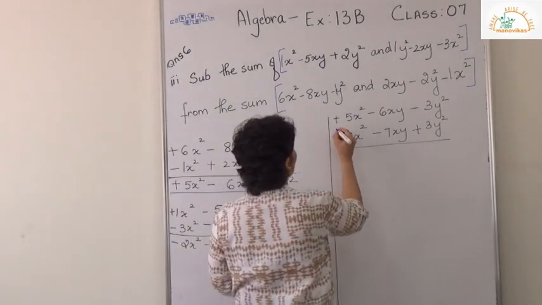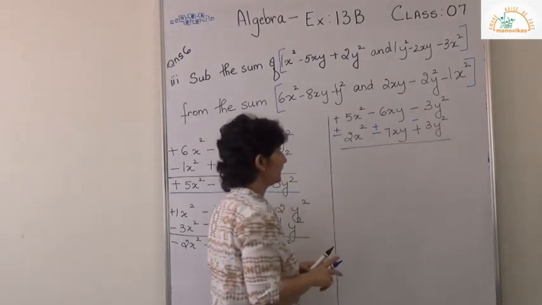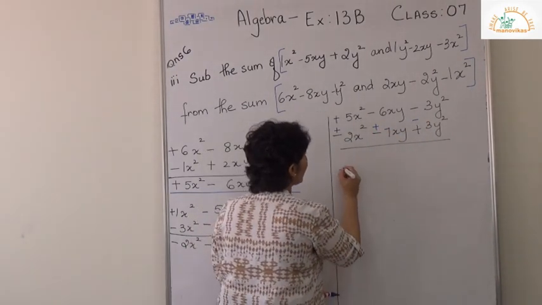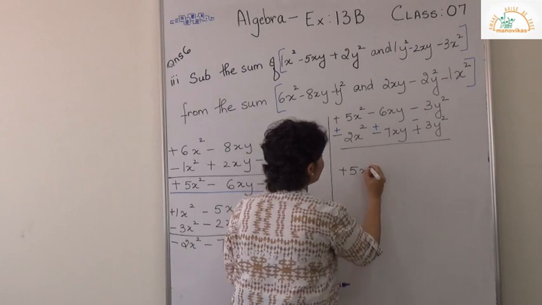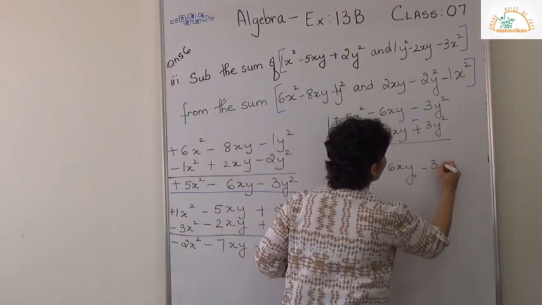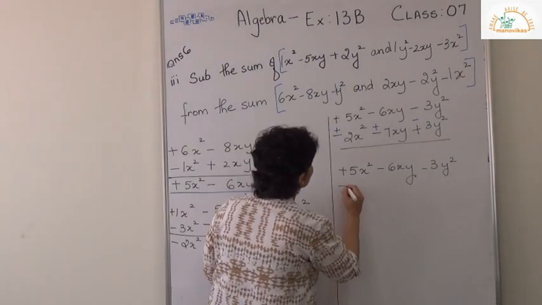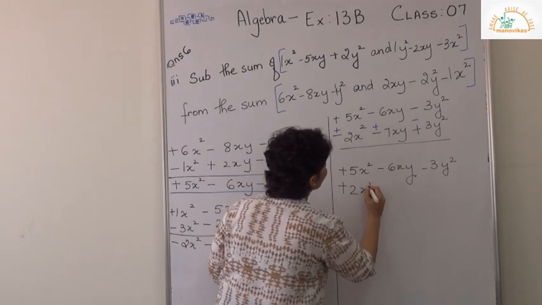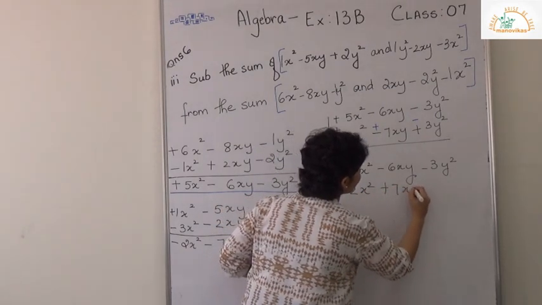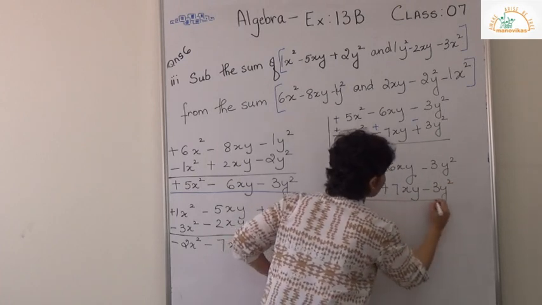We need to change the signs. So plus, plus and minus. So what do I get if I rewrite? Plus 5x squared minus 6xy minus 3y squared, right? Then plus 2x squared plus 7xy minus 3y squared.